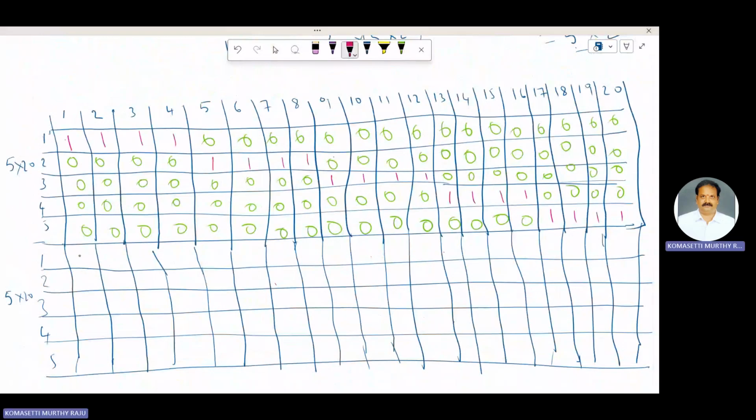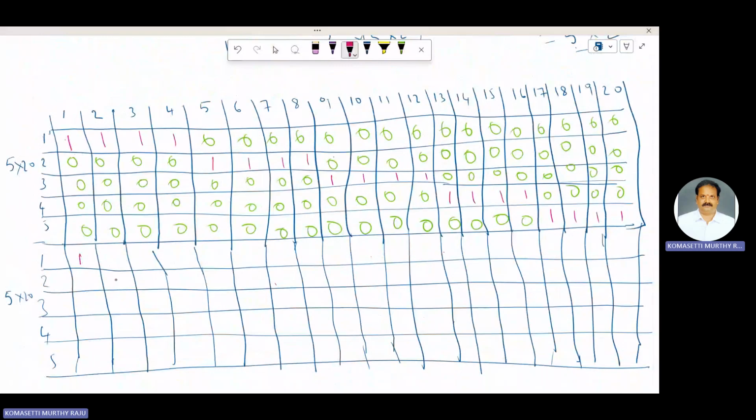First column, put one here, the remaining all are zeros. That means the first column of the first submatrix is taken as the first column of the second submatrix. The remaining are zeros. Here it contains a single one, that is satisfied.